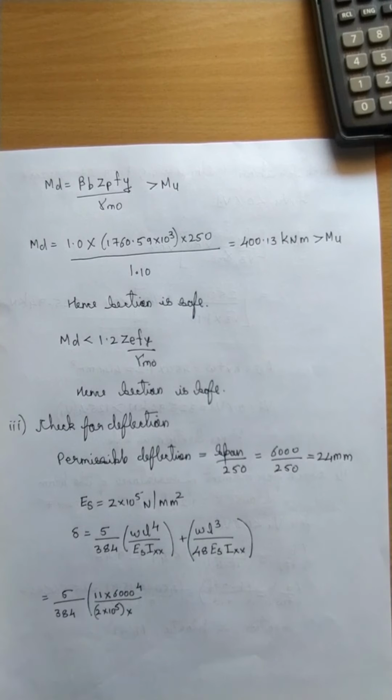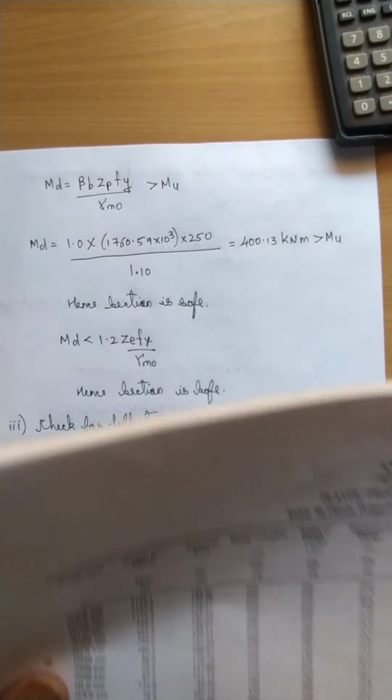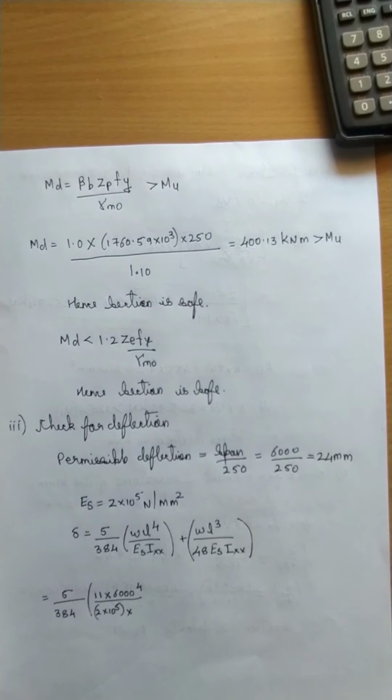Note down IXX from the steel table or the IS 800. Let us check from the steel table.